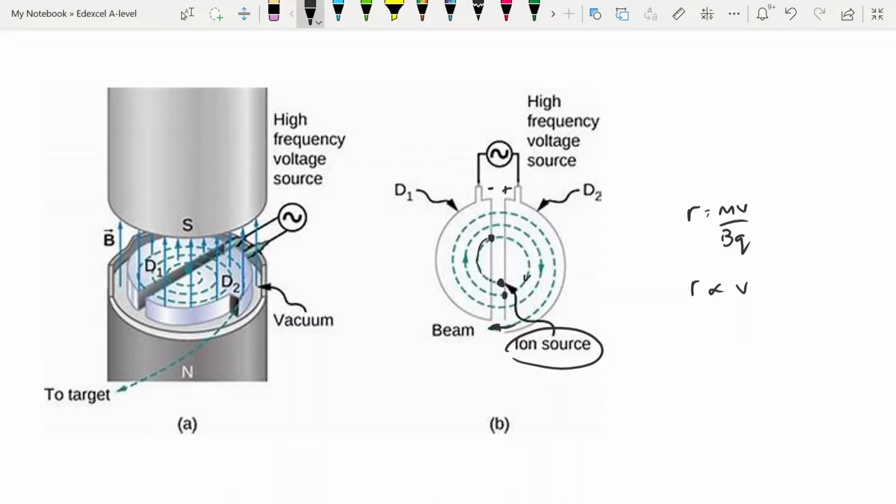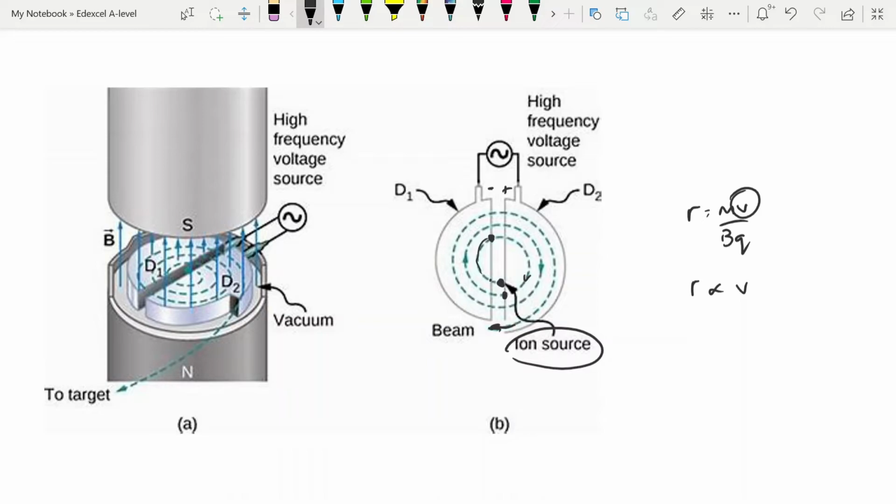And this mucks with our equation, because our whole radius here is built upon the fact that only speed is changing, and therefore our radius changes, and our frequency can match that. But if you've got mass changing, then the synchronization of the frequency of rotation of our particle and the frequency of change of our AC supply is lost.